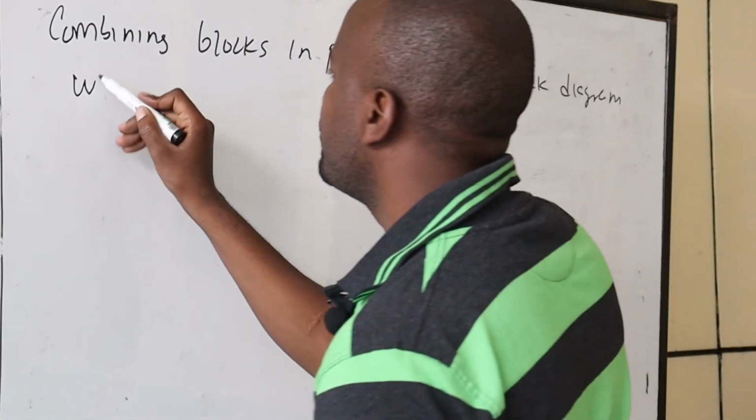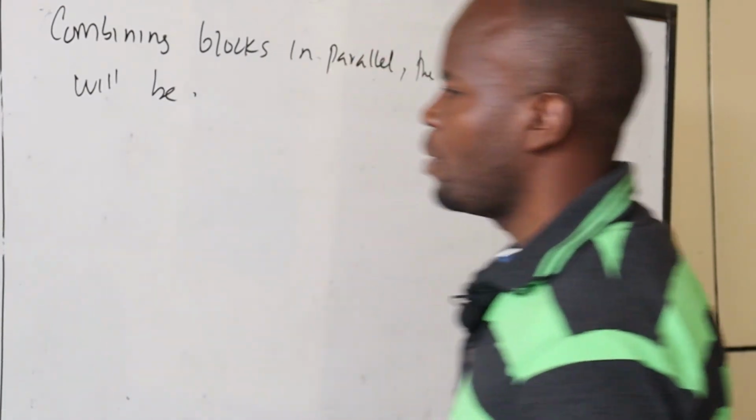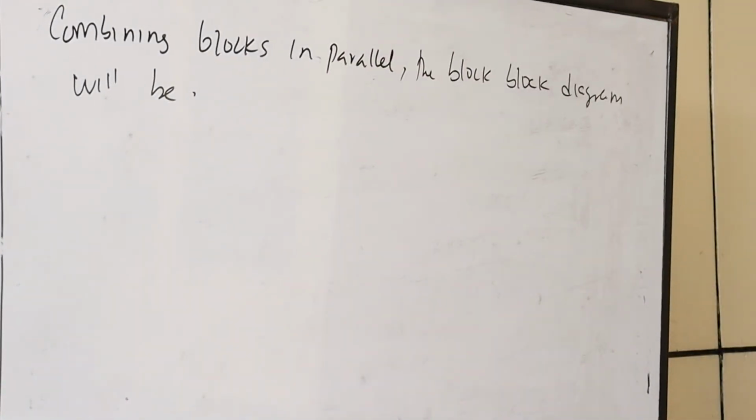If we combine the blocks in parallel, then what will the block diagram be?